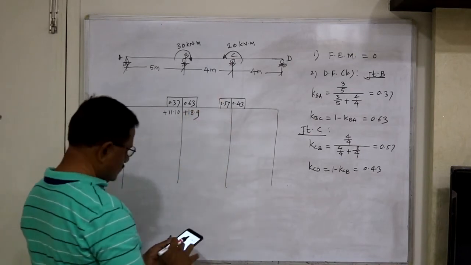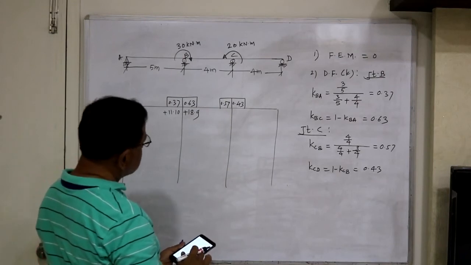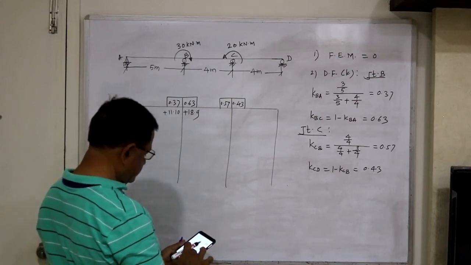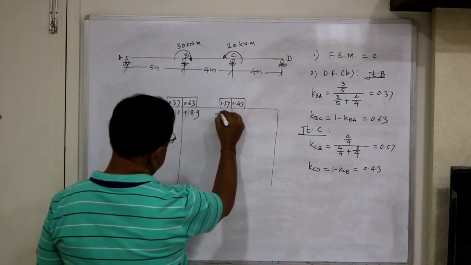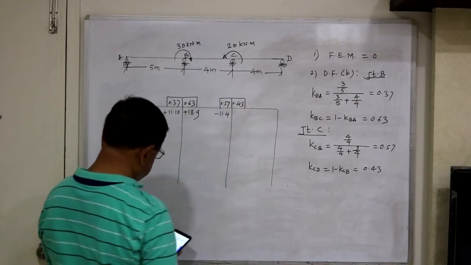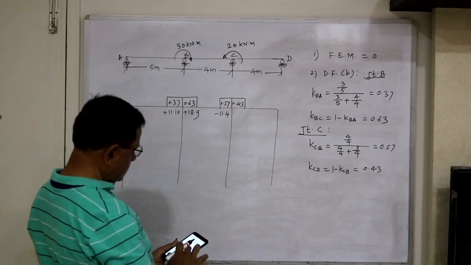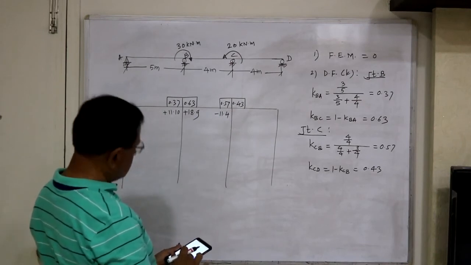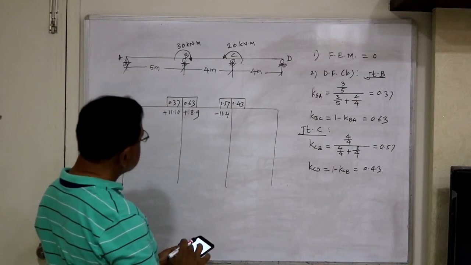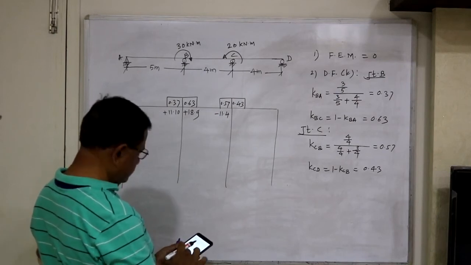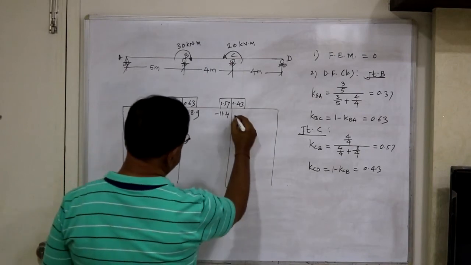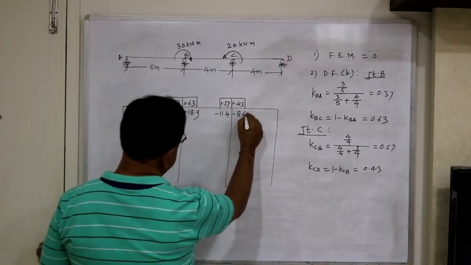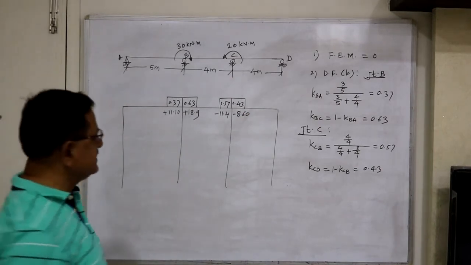Then 20 into 0.57 is 11.4, but this is anti-clockwise, so minus 11.4. Then 20 multiplied by 0.43 is 8.6, so minus 8.60. So directly you start balancing.